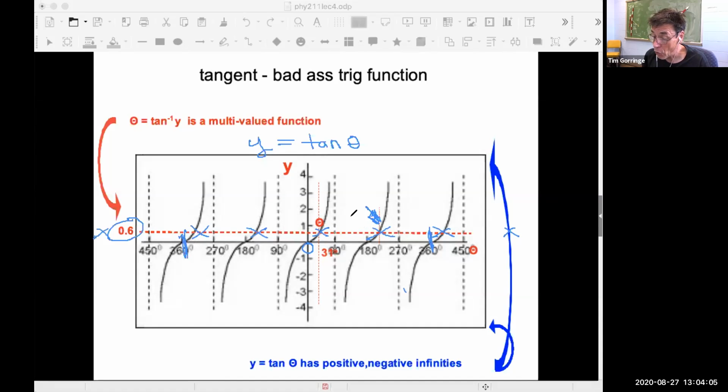There are actually a whole family of them, separated by 180 degrees. That's an important feature of the tan function, and it catches me out, it'll probably catch you out. We have to be careful about the multi-valued nature of the tan function when we're doing vector addition.